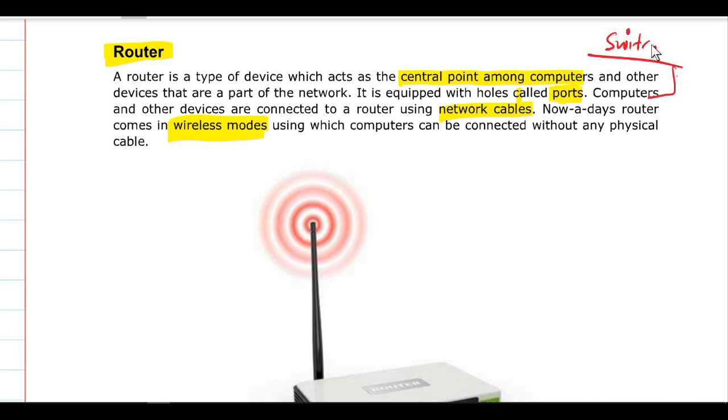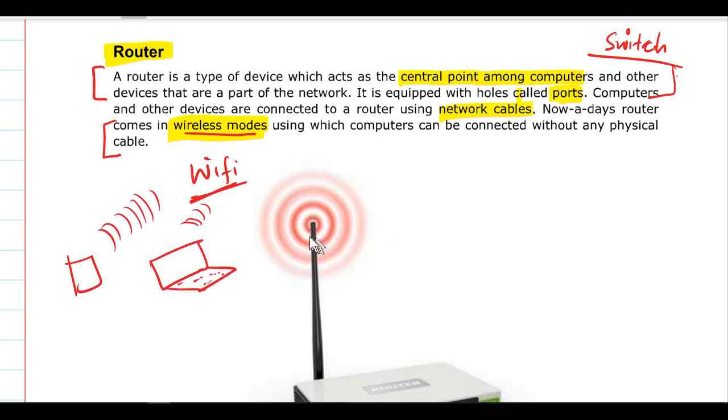But in addition, a router might have a wireless mode whereby it creates a Wi-Fi hotspot, and therefore you are able to connect wirelessly with your device like a mobile phone or laptop. So that is the other distinction.